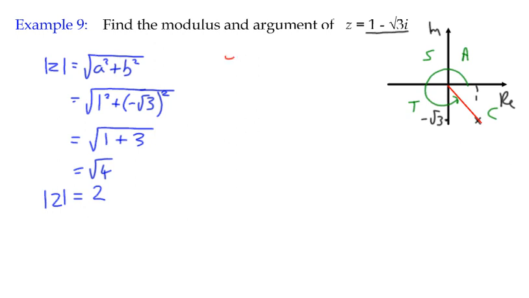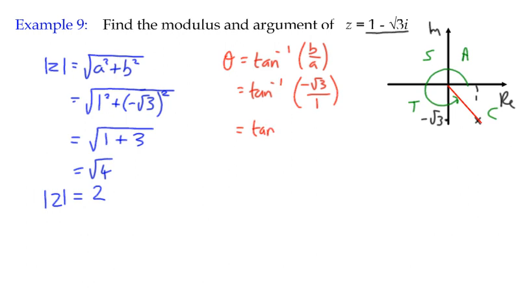Okay, now let's look at the argument this time. So the argument theta is inverse tan of b over a, which is the imaginary part, negative root 3, divided by the real part, which gives us the inverse tan of negative root 3. So we're looking for an angle for which the tan of that is negative root 3.